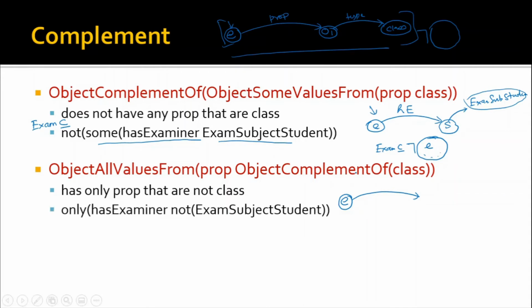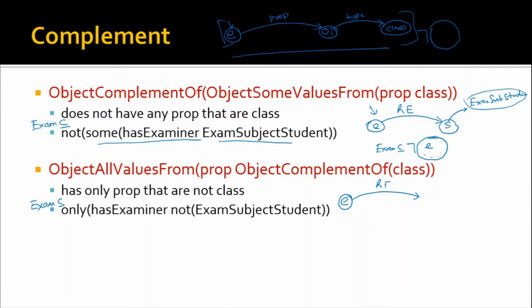Let me first take the example, then I'll illustrate with it. The example for this would be: the exam is a subclass of something that has the examiner to be only those who are not the exam subject students.